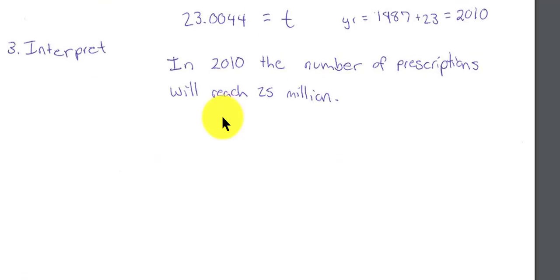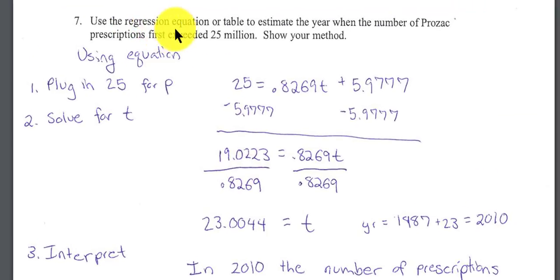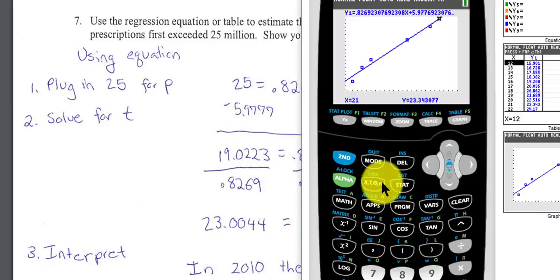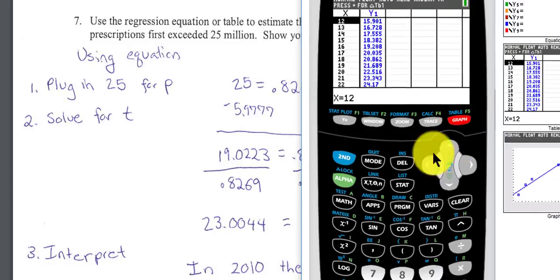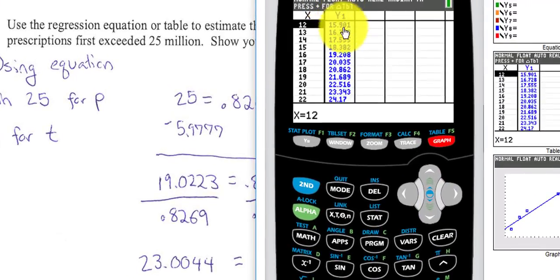Number 7, and the final question, use the regression equation table to estimate when the number of Prozac prescriptions exceeded 25 million. So if we use the table, oops, I pressed the wrong button. If I press second and table, which is above graph, you want to see when does y, right? Y represents the number of Prozac prescriptions, and x was the number of years after 87.